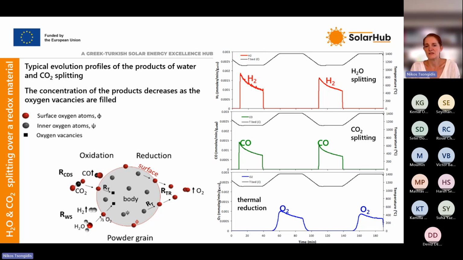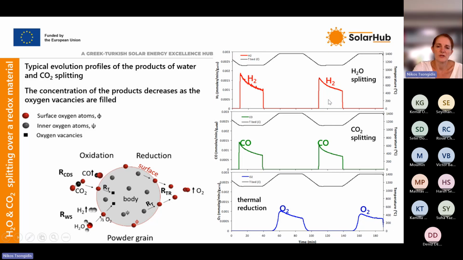So we have a decrease in the production of hydrogen and carbon monoxide with the filling up of the vacancies. And this indicates the oxidation of the metal oxide. This is a reaction that happens mainly on the surface of the metal oxide, while the thermal reduction of the metal oxide is happening throughout the whole bulk of the metal and not only on the surface.